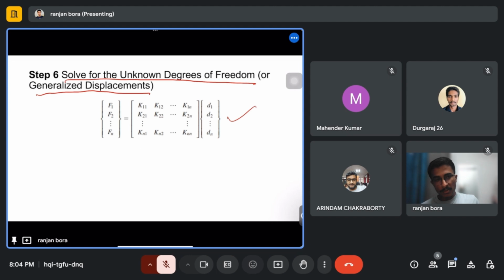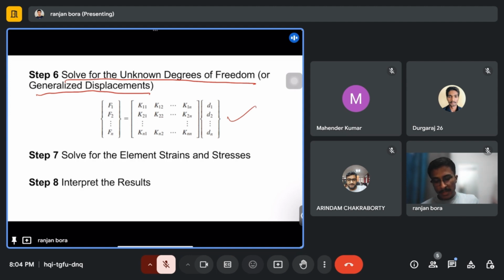In the next step, we solve for the element strains and stresses. And in the final step, we interpret the results. In any computer software like ANSYS or Abaqus, all these steps from step 1 to step 7 are followed, meaning all these algorithms are already there in the software.